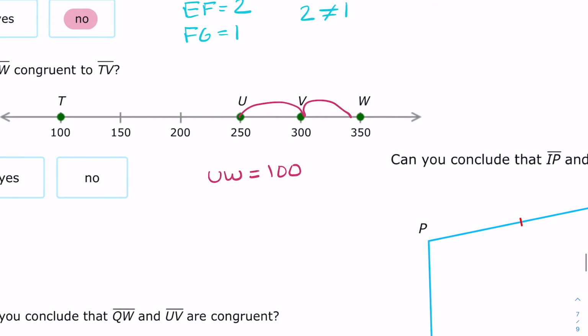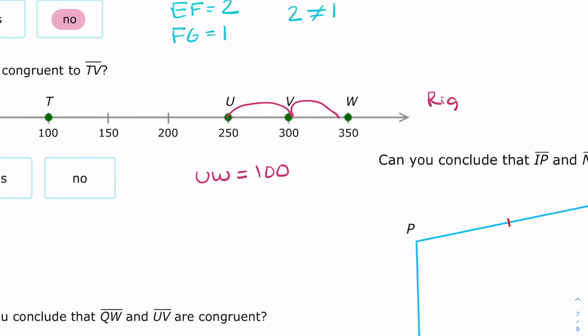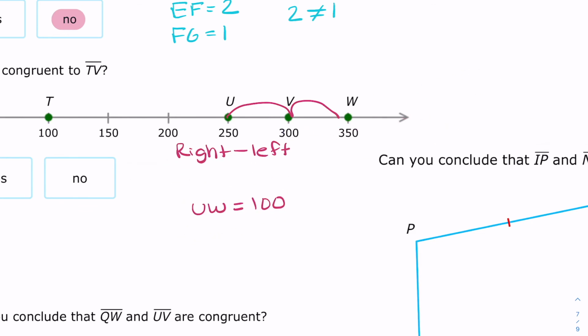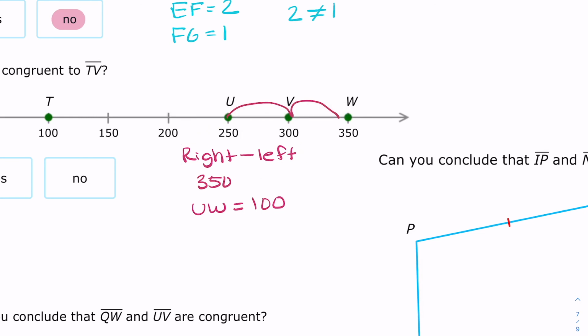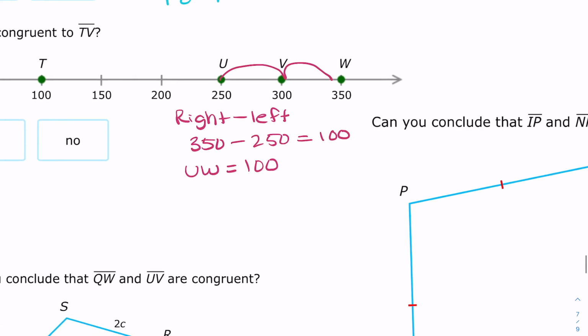And we can do that by doing right minus left. Right minus left is 350 minus 250, which is 100. So UW is 100.